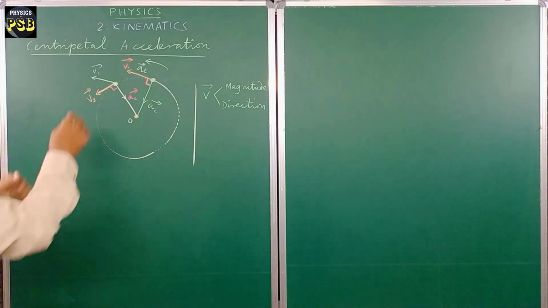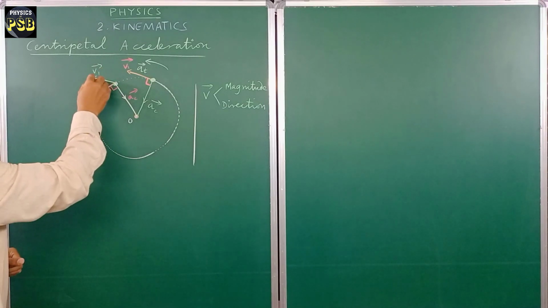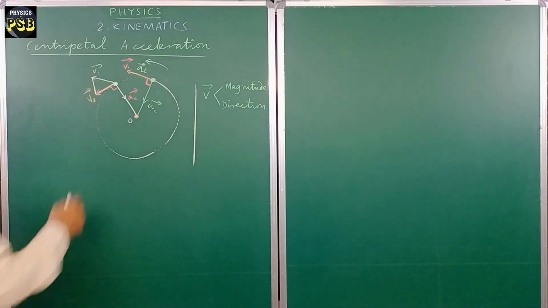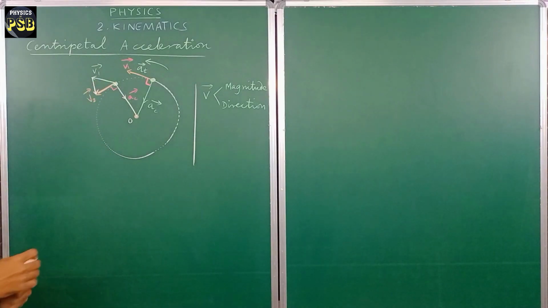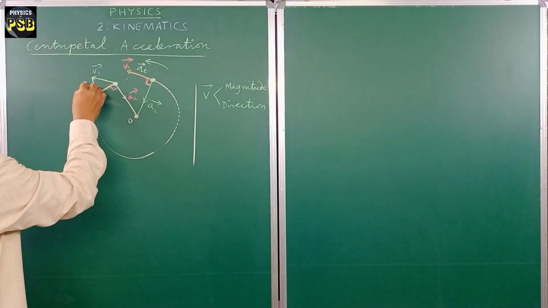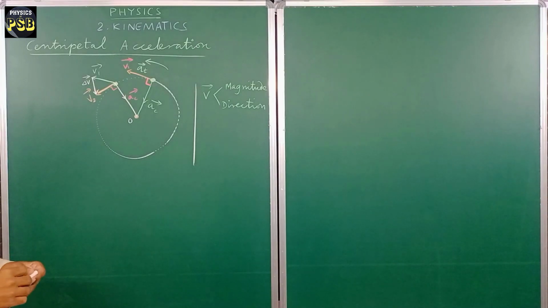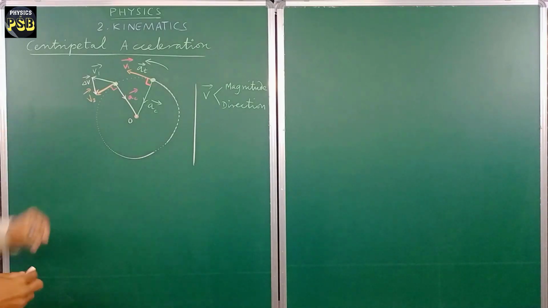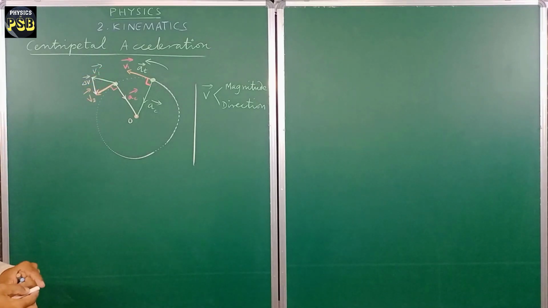If I close this side, it gives me a vector, the delta v vector, which gives the difference between these two velocities.